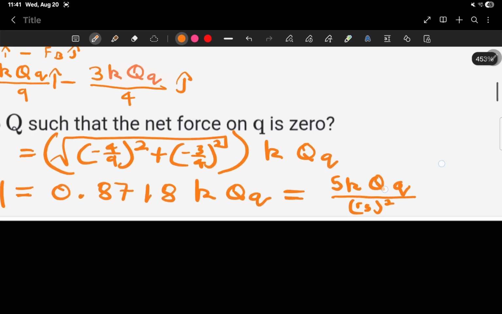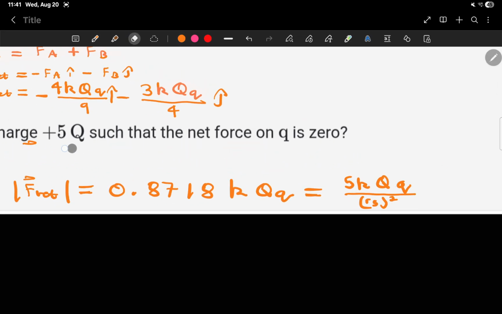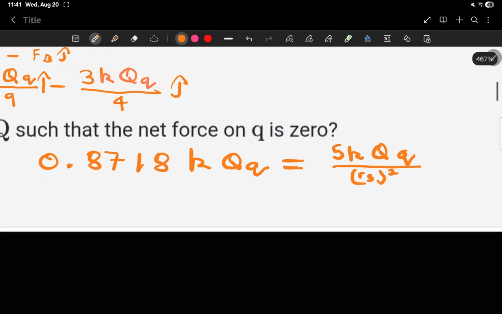So when I look at both sides of this equation, basically I'm setting the two equations equal to each other. The net force from part A is equal to the force by the positive 5 big Q charge on the charge at the origin. These two are common terms, k, big Q, small q, so they cancel. Then I rearrange for R5.